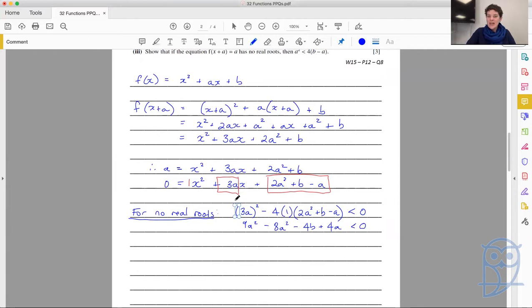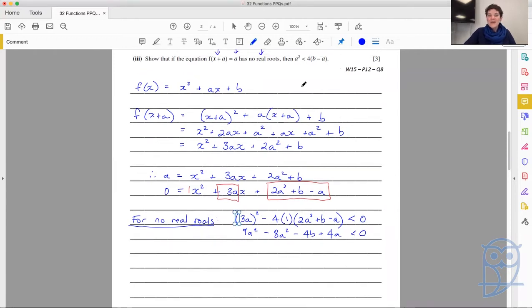And we're starting to get suspiciously close to the thing that they gave us at the beginning that was all just gobbledygook, that a squared less than 4 times (b minus a). 9a squared minus 8a squared is a squared, minus 4b plus 4a less than 0. Well, they want a squared on its own, so a squared less than 4b minus 4a. They want the 4 factorized: a squared less than 4(b minus a).